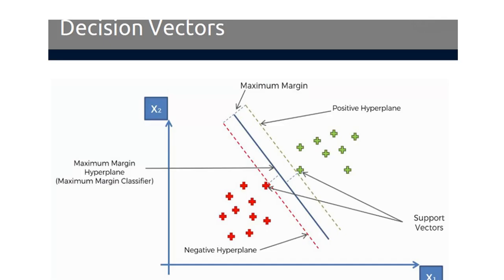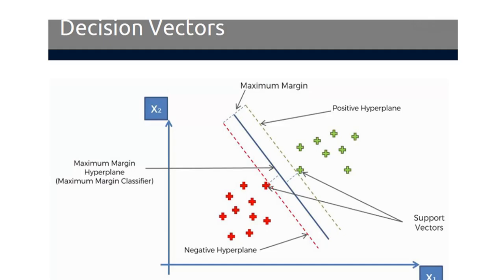Now, positive and negative hyperplanes. What are these terms? Now look at the diagram again. You can see three important lines. The line in the middle is the maximum margin hyperplane. On either side of this boundary, we have two parallel hyperplanes, the positive hyperplane and the negative hyperplane.